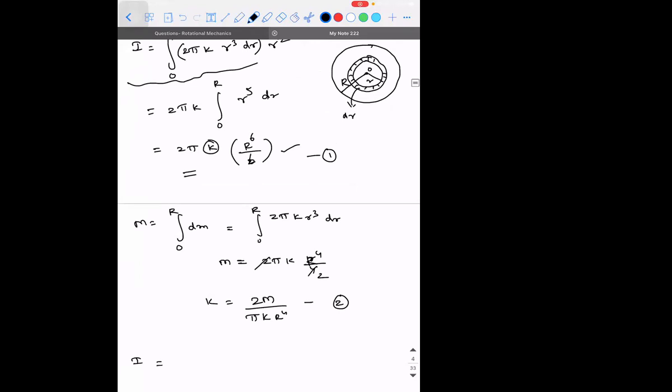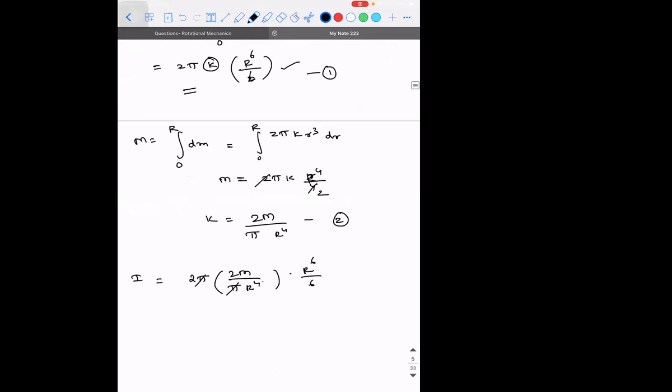So what will be the value of I? I will be 2 pi into, in the place of K, I will write 2m divided by pi R power 4, into R power 6 by 6. So pi and pi are gone. It is only R power 4, so it will go 3 times.